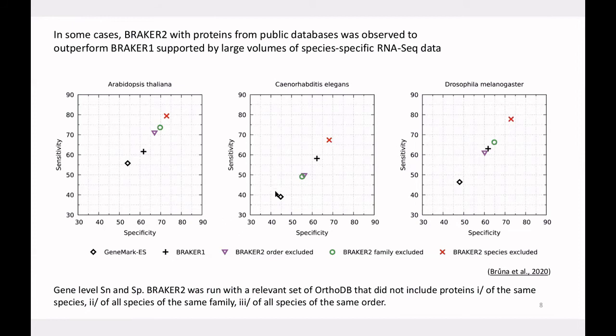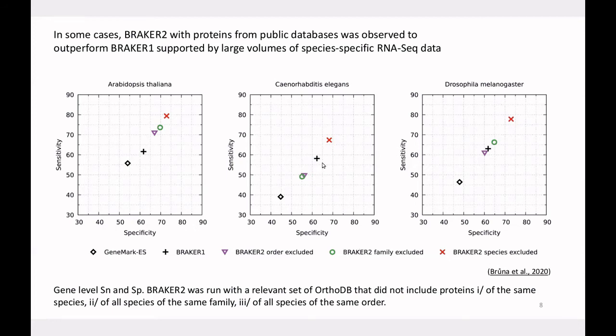As you can see, in the case of the worm C. elegans, using proteins is only better when you have availability of proteins from the same genus. Once you don't have proteins from the same family or order, you are actually better off using RNA-seq.